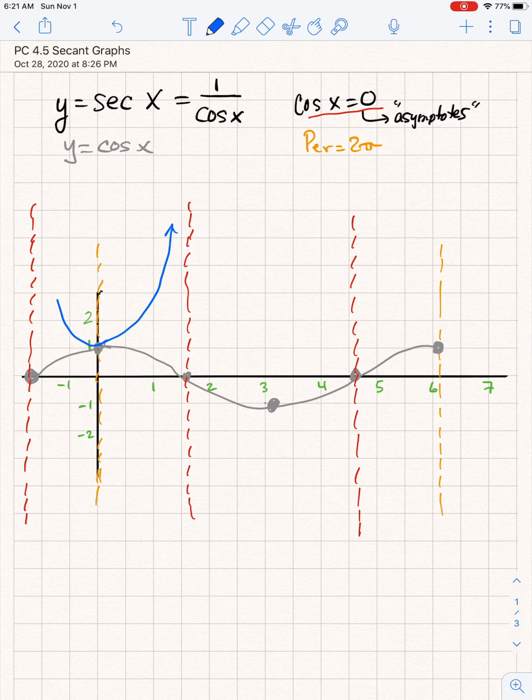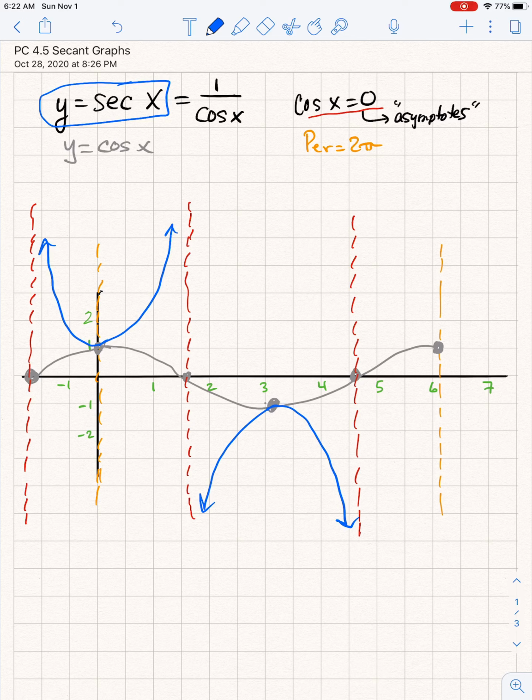So here's one piece of secant, here's another one, and then if I started here, yeah, I think that would be okay for what we want to do. So there's some graphs for secant. Secant we put in blue.